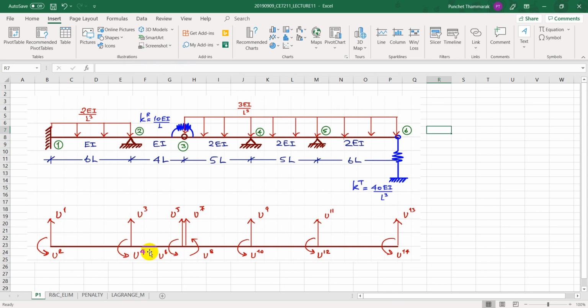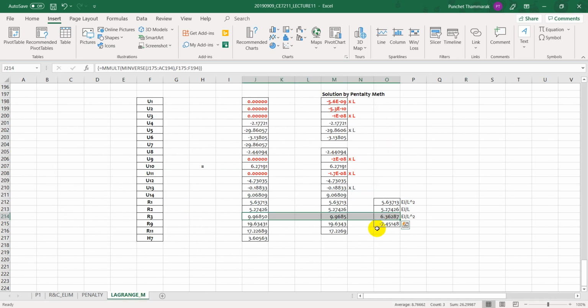So the contribution from this member to this support is not included yet. That's why it was only 6, it's not 9. So hopefully when we finish up the next element, it will add up to 9.9. So keep the fingers crossed and believe in mathematics and science. Okay, so this looks good.